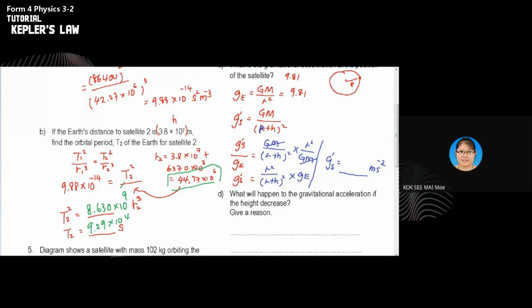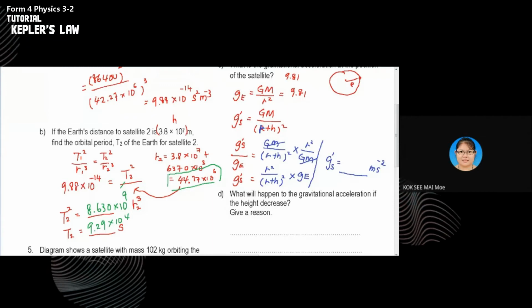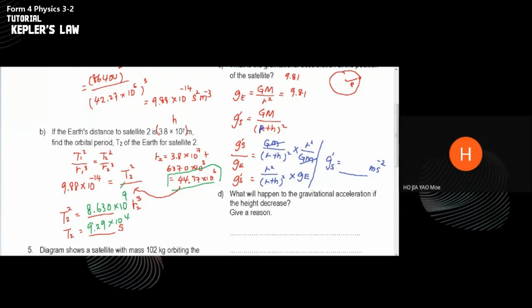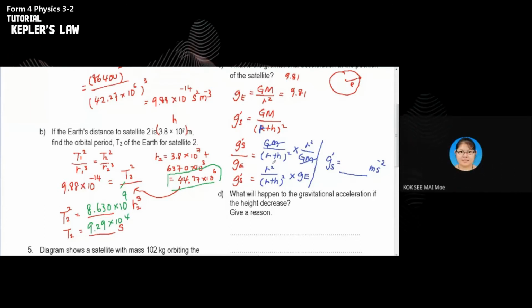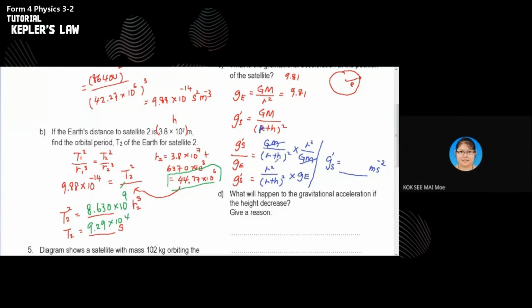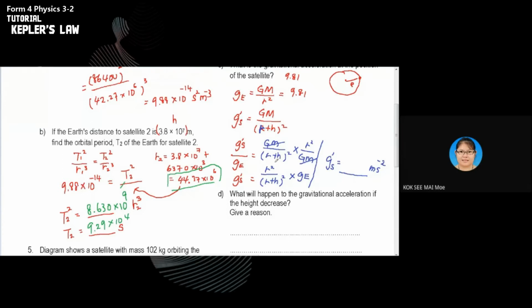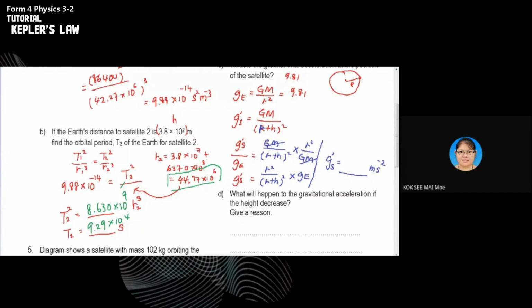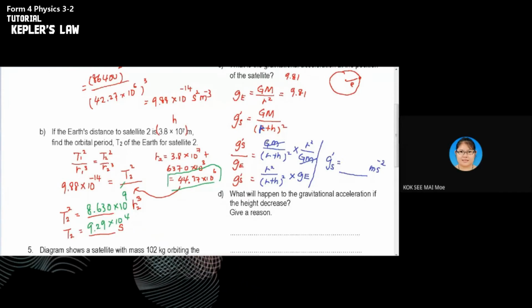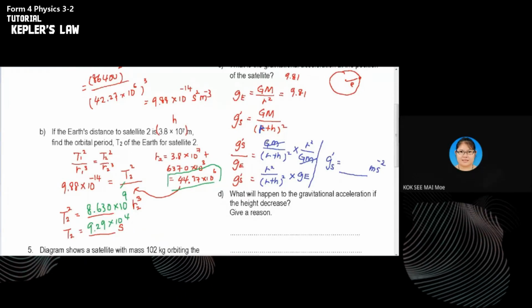What did you get? 40.33 m s^-2? No, try again. You can use r over (r plus h) first, and after that square the whole thing.